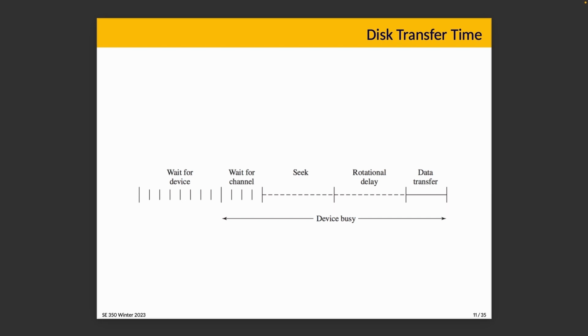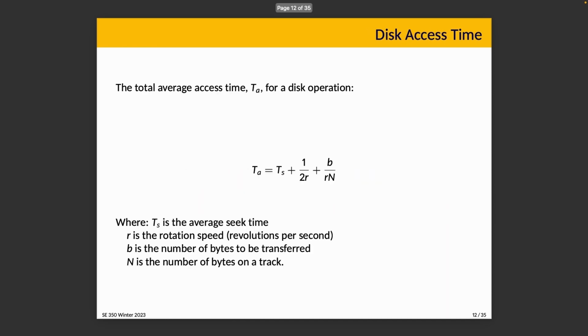As you can imagine, seek times and rotational delays when we talk about modeling a hard drive are averages, right? Because there is the possibility that we arrive at the exact moment that we need, and therefore the rotational delay is 0, or we just missed it and we have to wait for a full rotation of the disk before we get another chance. On average, we expect it's about halfway. There are averages built in here.